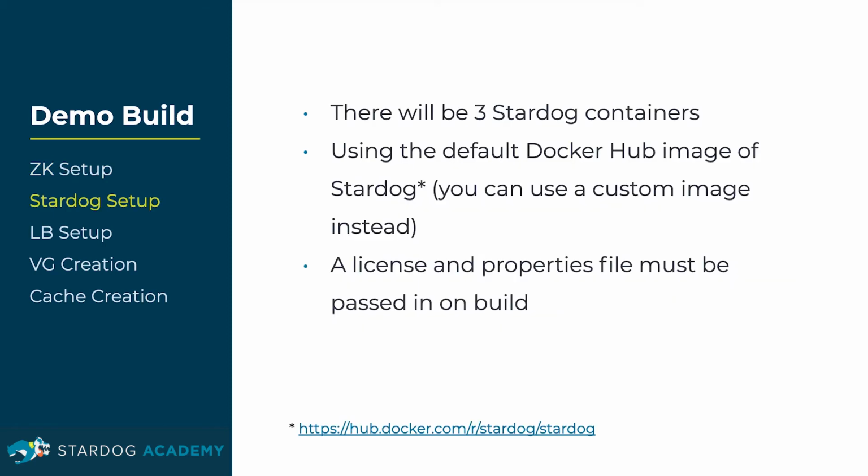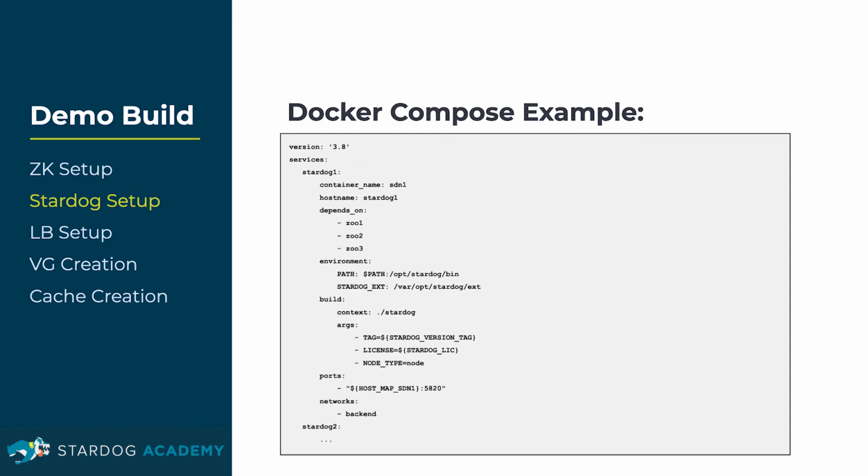There will be 3 Stardog containers. Please note that you will need a license and properties file, which will be passed in when we build the various images. Here is a snippet of a Docker Compose file that defines one of the Stardog nodes.